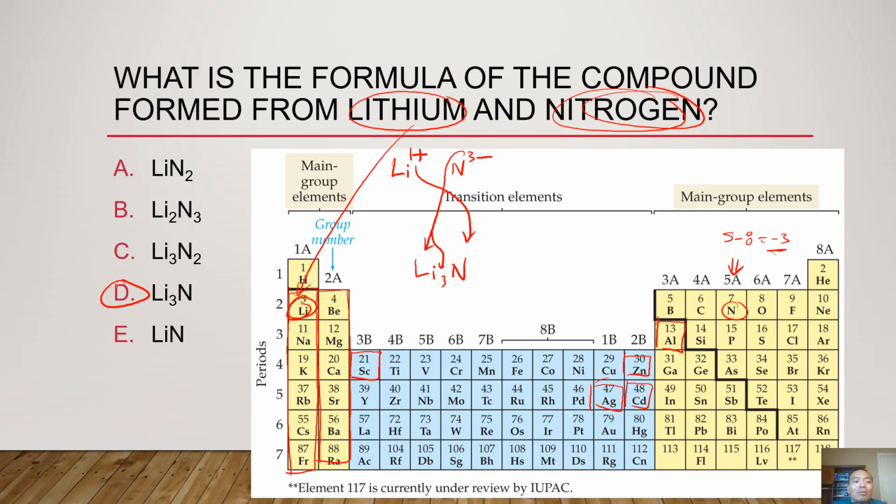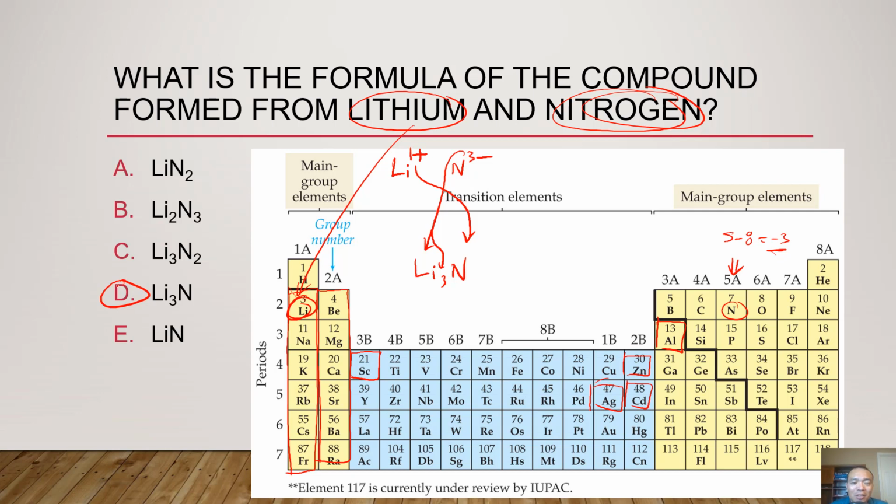Hopefully by now you have a clear understanding of how to write the correct formula, as well as the naming of cation and anion. Cation, you have type 1 and type 2. Anion, you have monatomic versus polyatomic.